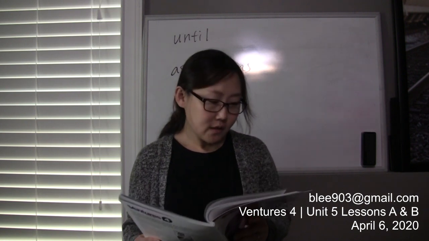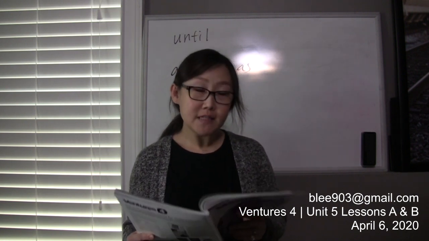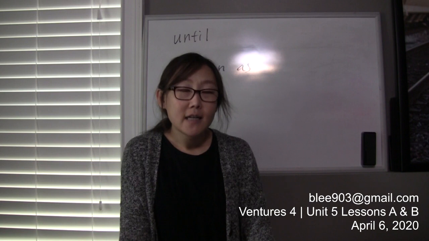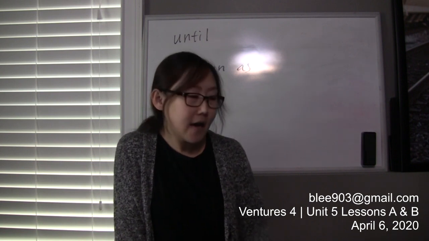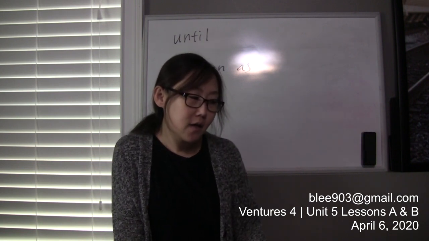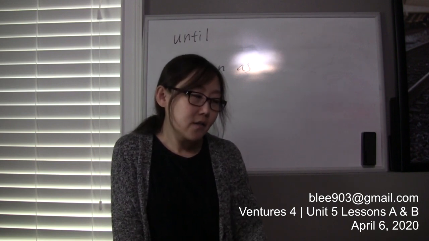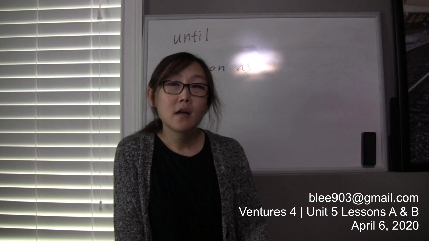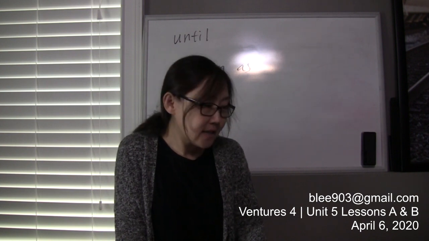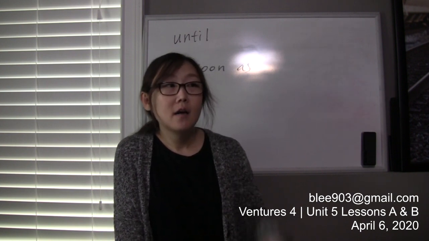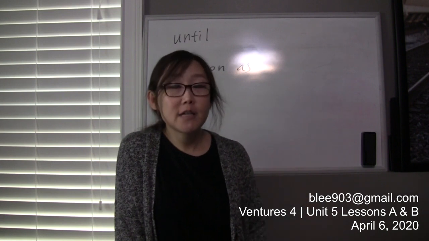So we're going to look at our workbook on page 56, lesson B. It says future time clauses, but actually if you look at your student's book, it says time clauses. So we know that clauses using until and as soon as can be used in present, past, and future tenses.